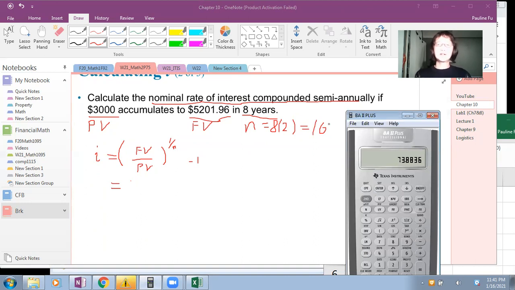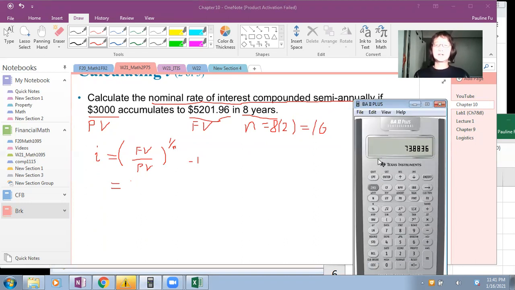So FV, second quit, $5,201.96, divided by 3,000, equal to this number.